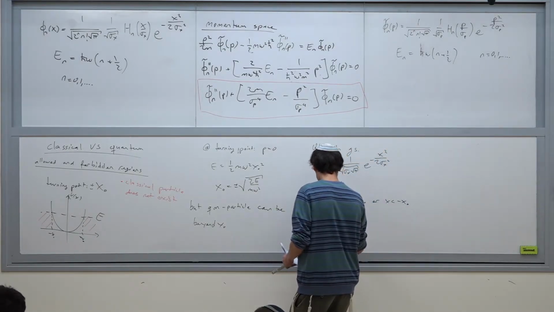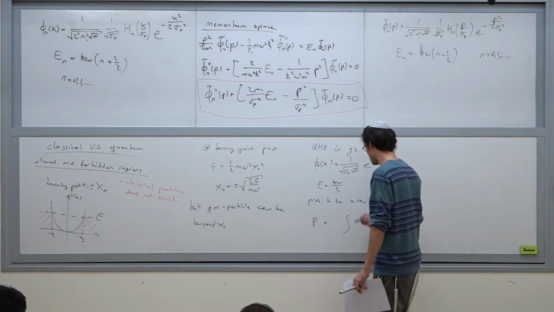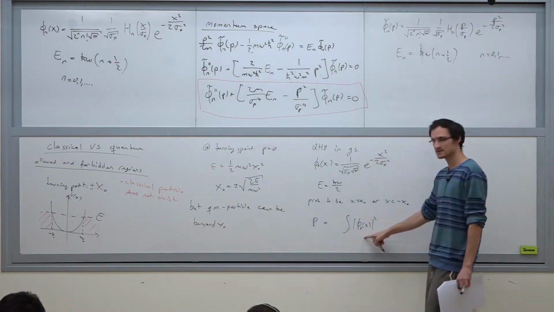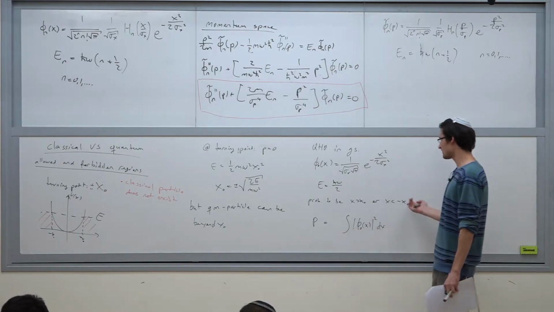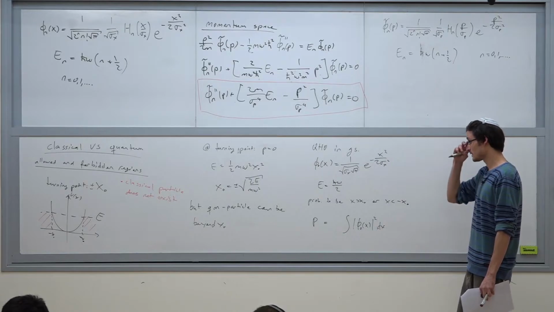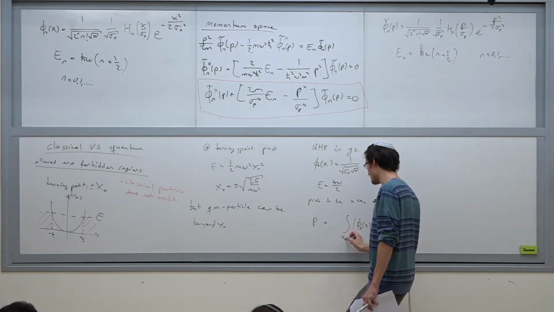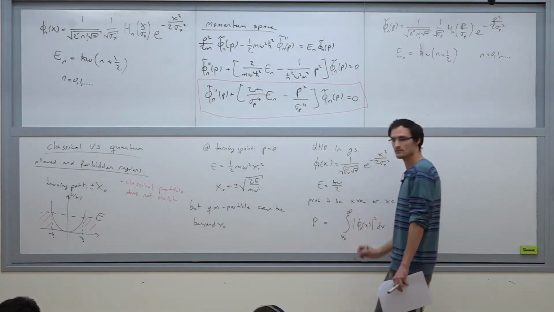This probability is the integral. The probability of finding a particle somewhere in space is the wave function squared, integral dx. But I'm looking for the probability to be beyond x0, so I take the integral from x0, the turning point, until infinity.